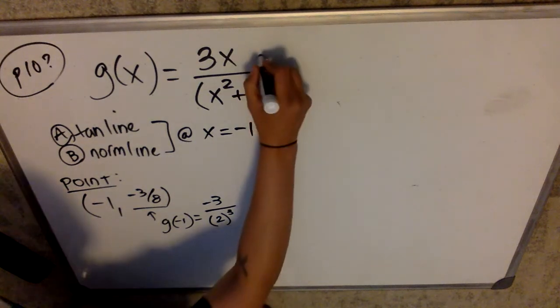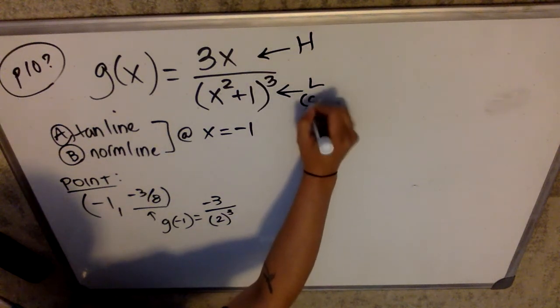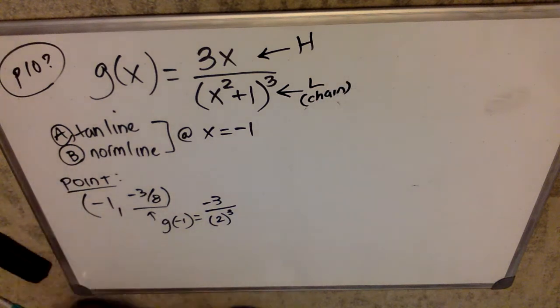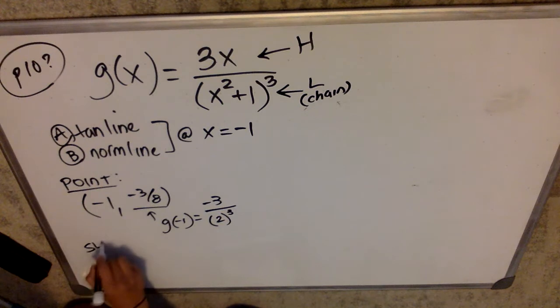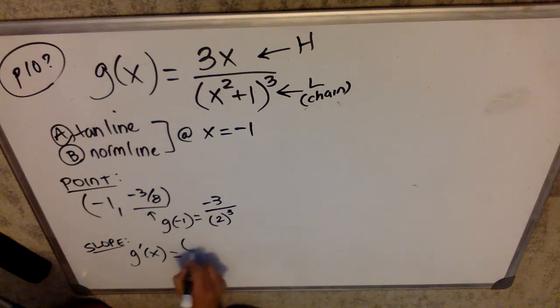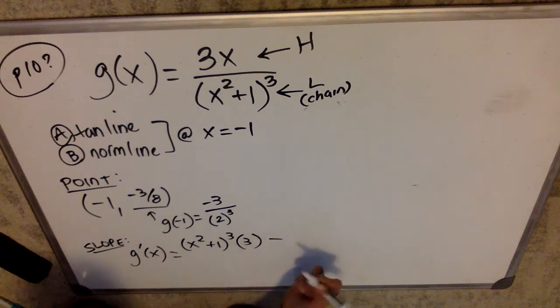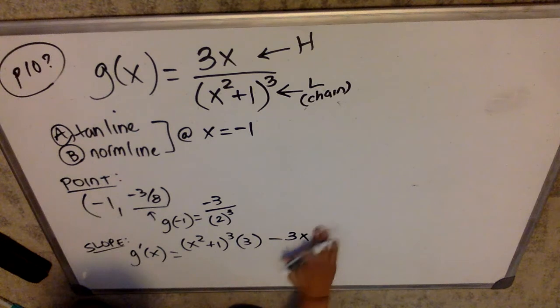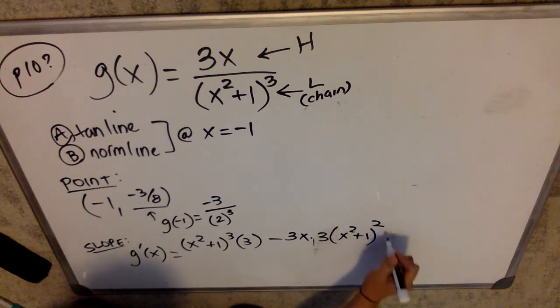Now, when I go to do the slope, I'm going to need to differentiate. So my high function's just fine, but my low function is definitely going to have a chain, right? And there's not much I can do about that. It's a function inside a function. So when I go to find the slope, my g prime of x is going to be low, x squared plus 1 quantity cubed, d high is a 3, minus high, which is a 3x, d low, which is going to be that 3 times x squared plus 1 to the second times the derivative.